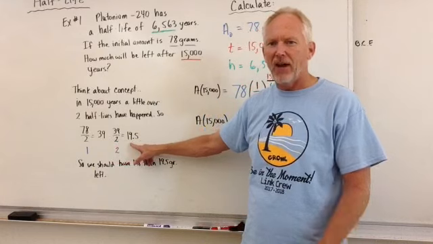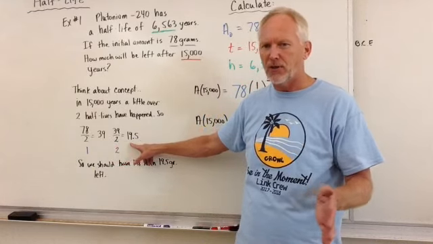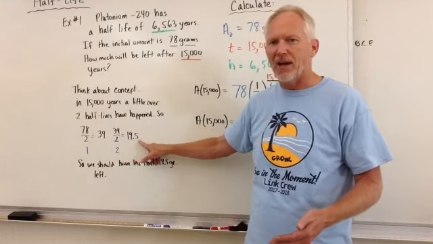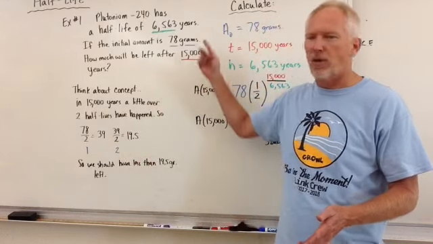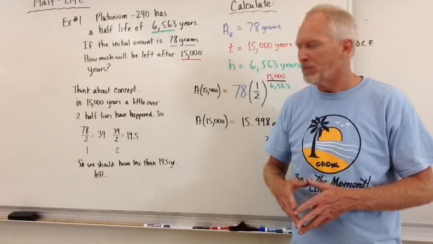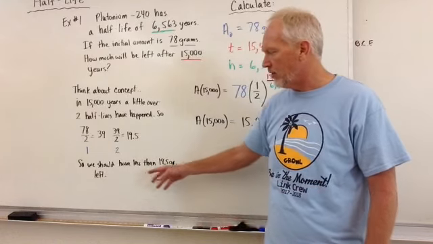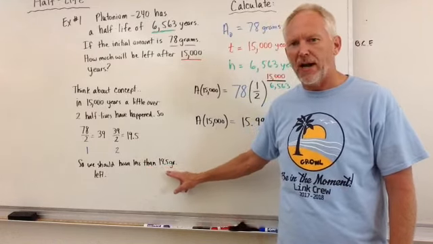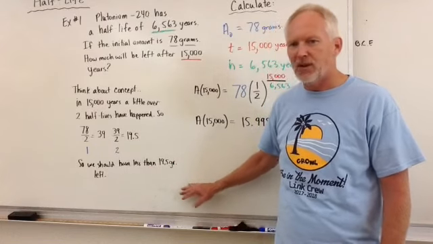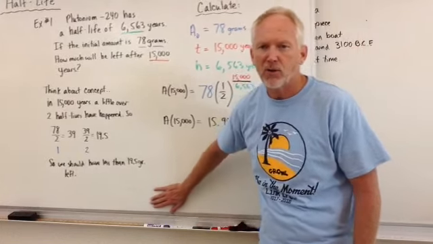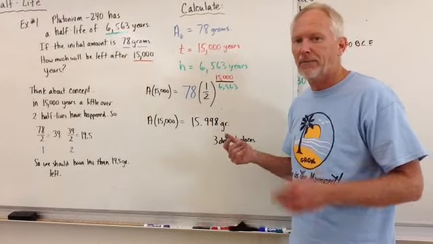If we look at the second half-life, another 6,500 plus years, then we should be down to 19.5. But we're going beyond that because we're going more than 13,000. So we're at 15,000. So we should estimate that our answer, when we calculate it, will be less than 19.5 grams. All right, well, let's do the calculation and see if we're right.